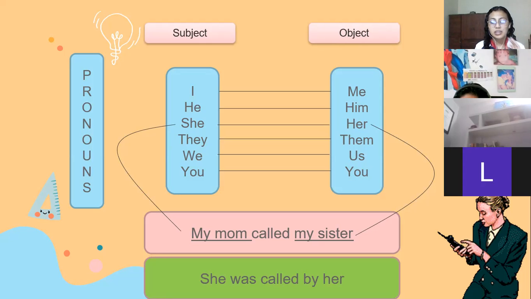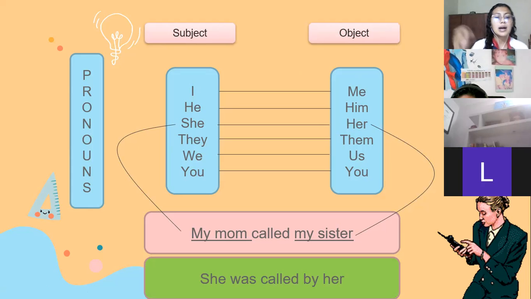Algo que sí tenemos que tener seguro aquí es que, como les dije, nosotros no podemos decir ahí by she. She was called o my mom was called by she. No, porque vamos a reemplazar nuestro sujeto por el pronombre objeto. Todos los sujetos son reemplazados por un pronombre objeto.